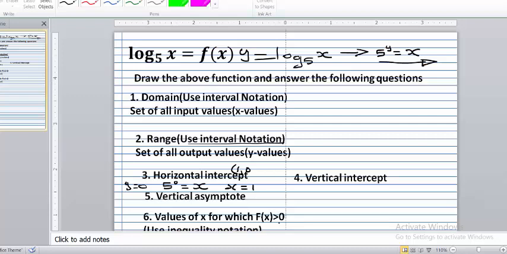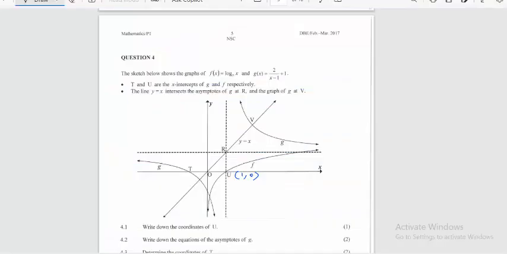So going back to the graph, if you look at the graph, it's not passing 0. So this is point 0, and the graph never touches 0.